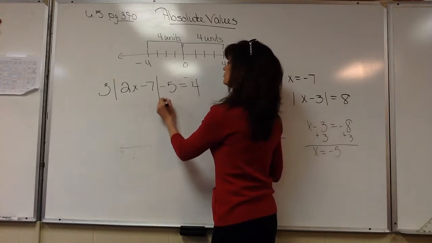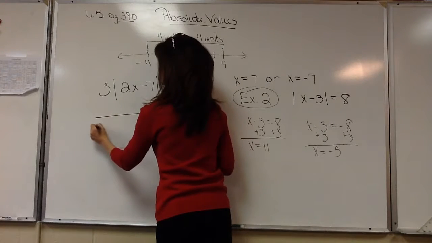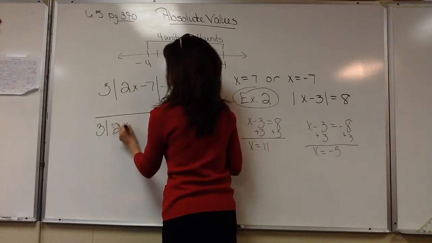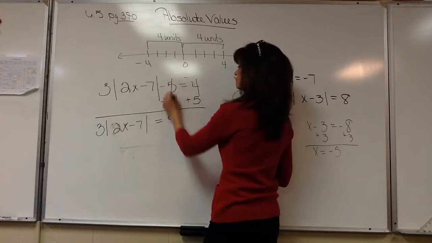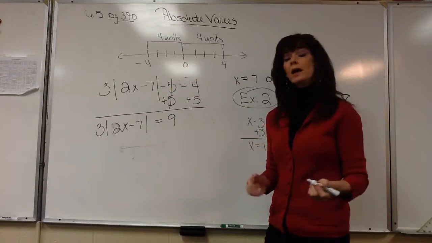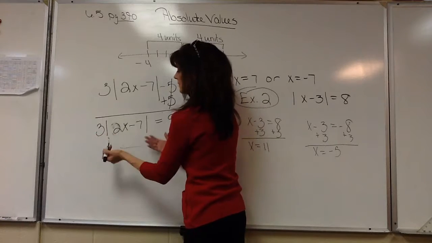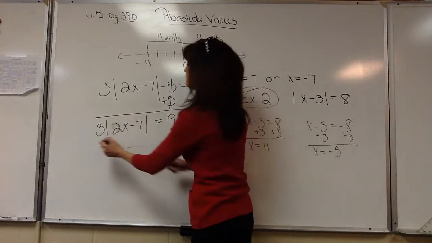So the first thing I'm going to do is add 5 to both sides. Okay, so now we're going to bring down 3 times the absolute value of 2x minus 7 equals 4 plus 5, which is 9. Of course, that cancels. Now my next step, because normally we would look at multiplying 3 times 2x minus 7, but remember this is absolute value, we're not going to do that. We're going to divide.